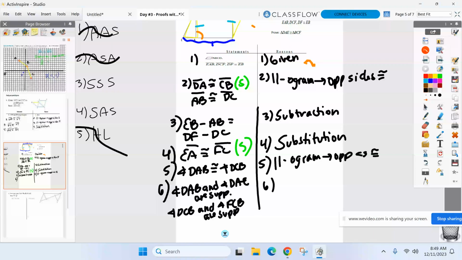Why? Why are they supplementary? What are they? It's just vocab now, Bailey. They're linear pairs, right? Linear pairs are supplementary.